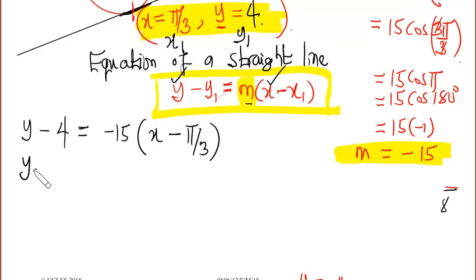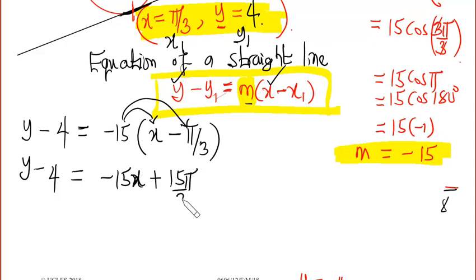We have y minus 4 equals, we can open up the bracket, minus 15 multiplied by x, that's minus 15x, minus 15 multiplied by negative pi over 3, negative negative is positive, that's 15 pi over 3. We have y minus 4 equals negative 15x plus, 3 into 15 is 5, plus 5 pi.